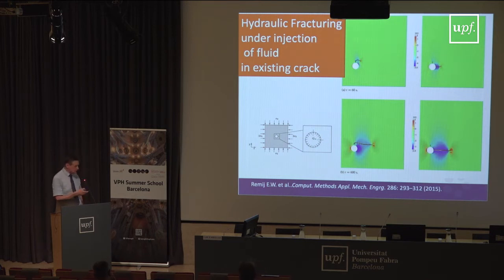So these 3 things are accounted for. Also there we got funding from another source, and hydraulic fracturing is a very important thing in the oil industry, so there we also use fracture.